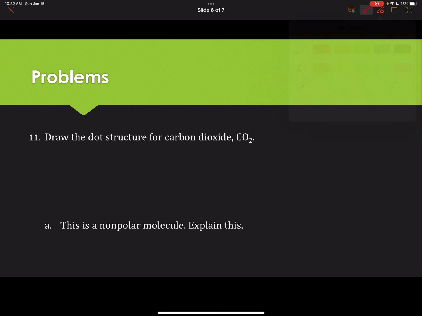Now next we're asked to draw the dot structure for carbon dioxide. So for that dot structure, we would have carbon in the center with double bonds to oxygen on each side. We end up with this linear geometry. Now we're told that this is a nonpolar molecule. So we're asked to explain.